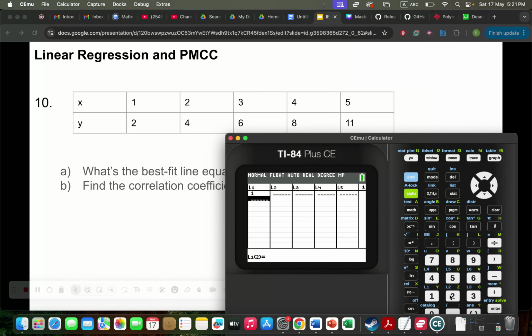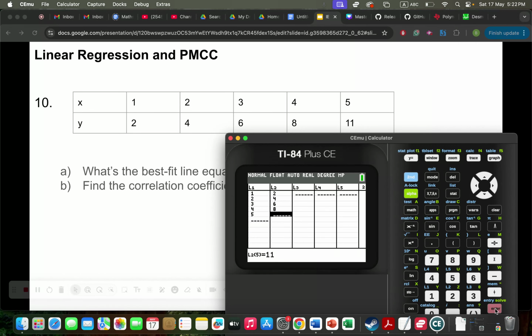So it's 1, 2, 3, 4, 5. Again, these are all very unrealistic data, but in a typical IB question, they will give you some rather realistic data with a context, rather than just simply calling it x and y. So I'll put 2, 4, 6, 8, and 11.